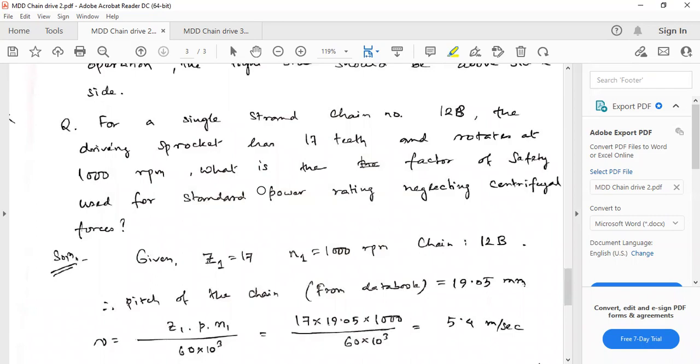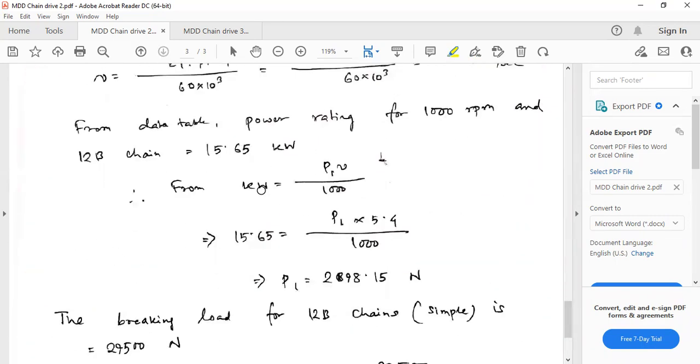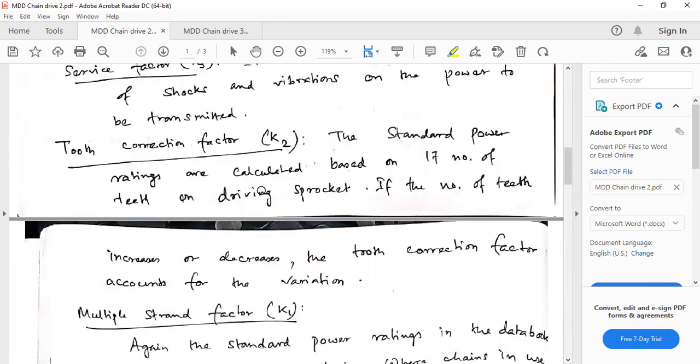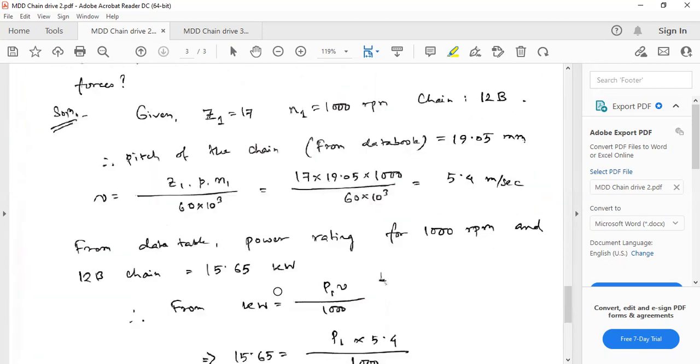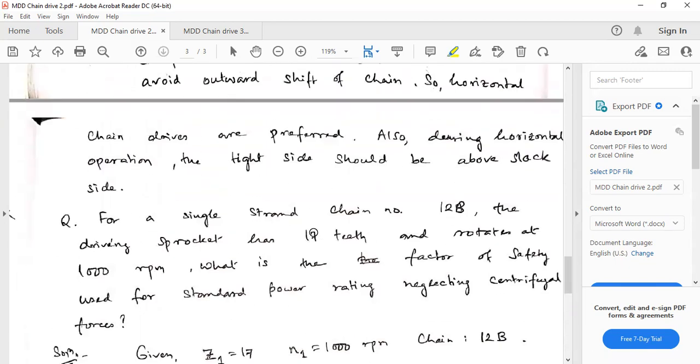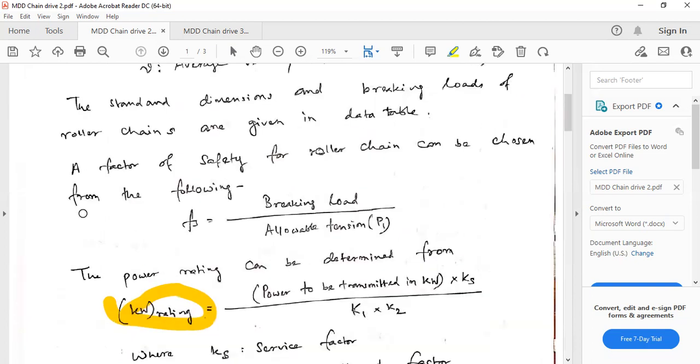We have used only the velocity relation. So the power rating is 15 point something in the question. That calculation we have done before this. Okay, 15 point something. So we need to find out the power to be transmitted.